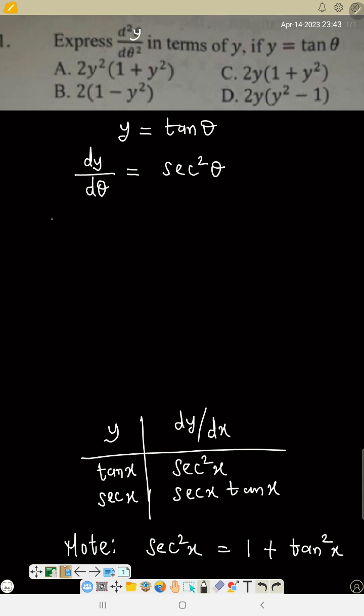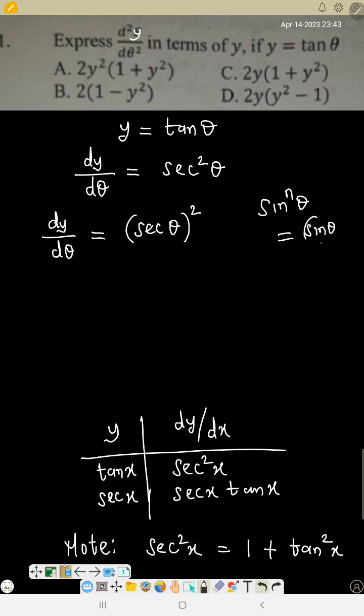Now what we want is d²y, so I have to differentiate this again. But first, dy/dθ is equal to (sec θ) everything squared. Generally, sin^n θ is the same thing as (sin θ) everything raised to power n.